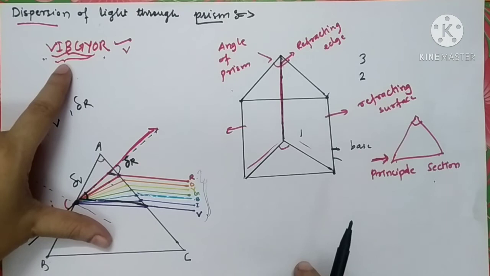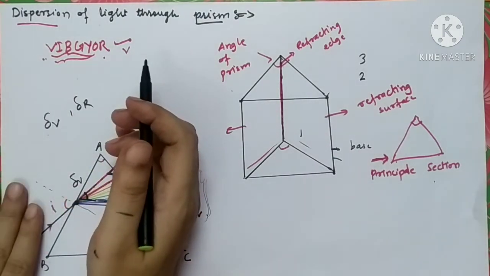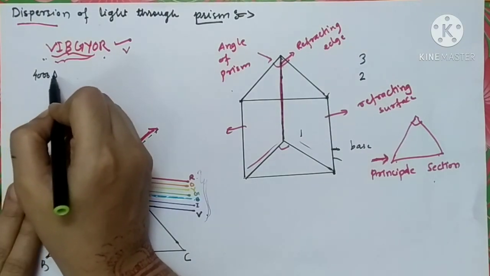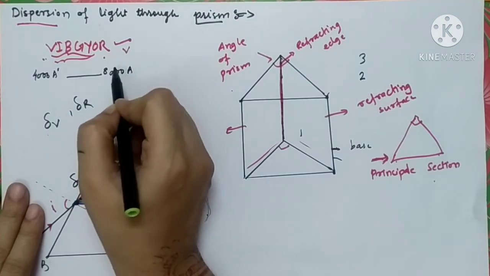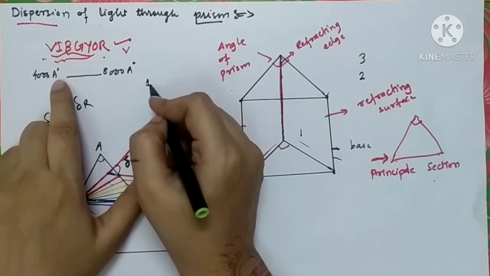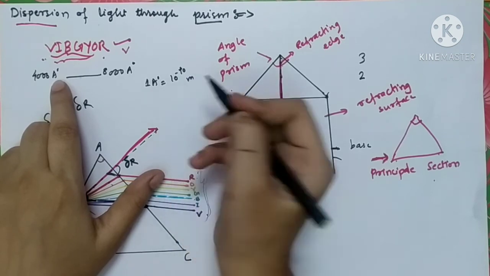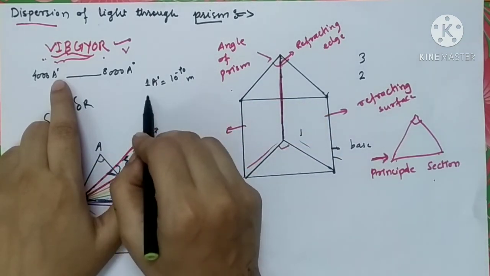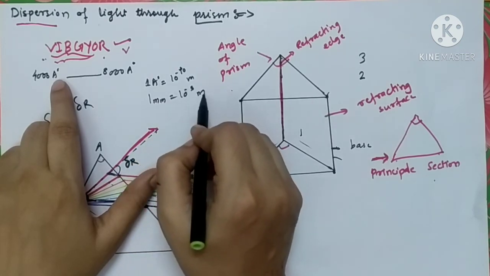Here the wavelength of this spectrum lies approximately in the range 4000 angstrom unit to 8000 angstrom unit. We all know that 1 angstrom unit is 10 raised to minus 10 meter. This is a conversion factor between angstrom and meter. As you all know that 1 millimeter is equal to 10 raised to minus 3 of the meter.